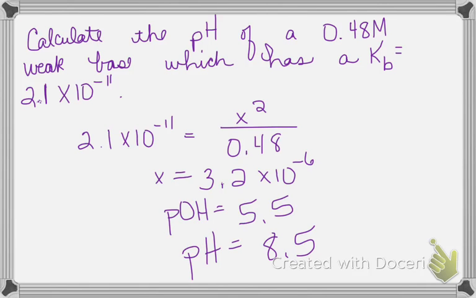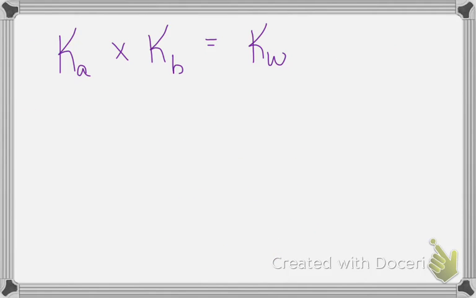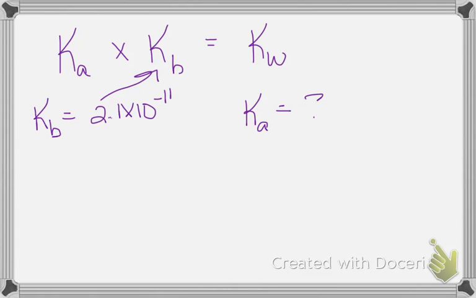Celsius, yes, because it changes depending on temperature. For example, the problem we worked last time, I told you that the Kb is 2.1 times 10 to the minus 11. So that's the base dissociation constant. Y'all know every base has a conjugate acid, right? And likewise, every acid has a conjugate base. So if that's the base's dissociation constant, what would its conjugate acid's dissociation constant be? You simply plug this in for Kb.